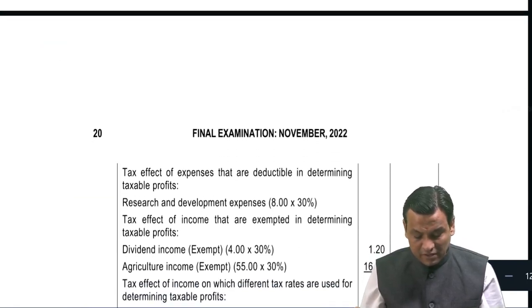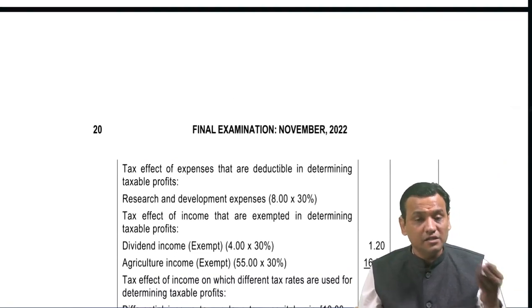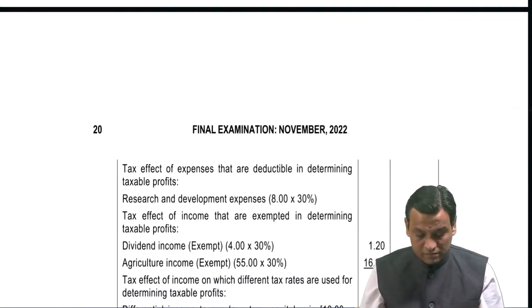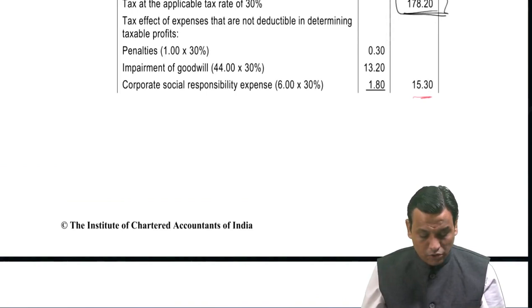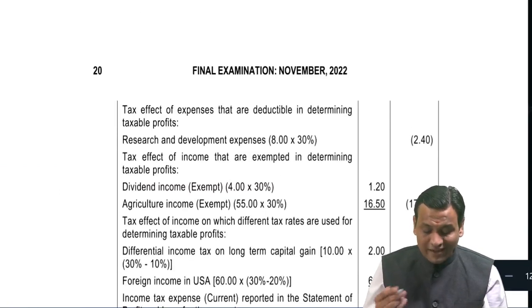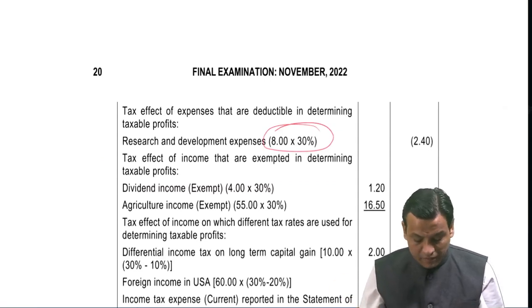Thereafter, the tax effect of those expenses that are considered in determining taxable profits. So we are just adding this 15.30 because that much tax you have to pay as per income tax. You are not going to get a deduction, but you are going to get an additional deduction of 8 crore into 30%. So I am reducing it.